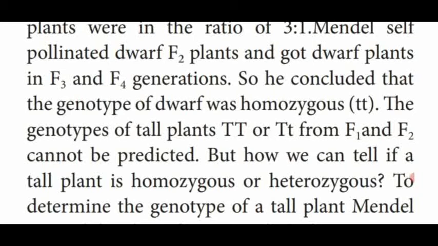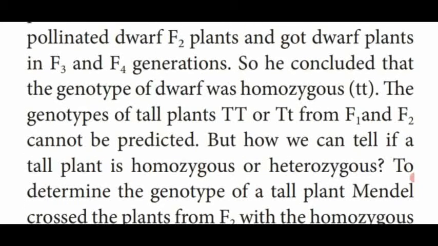It is the same trait, isn't it? TT, what does it mean? Homozygous. Capital TT we call homozygous tall, small tt we call homozygous dwarf. So whatever may be, the genotype of the dwarf was homozygous, that is small tt.